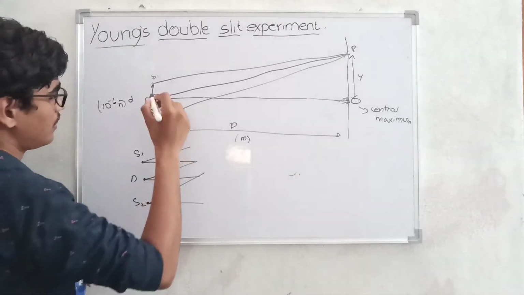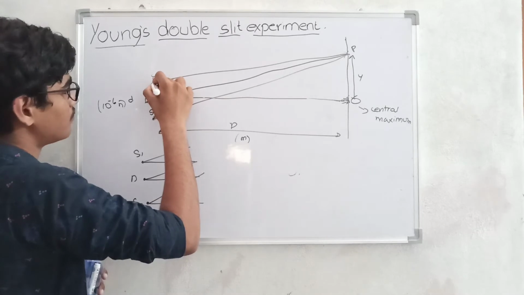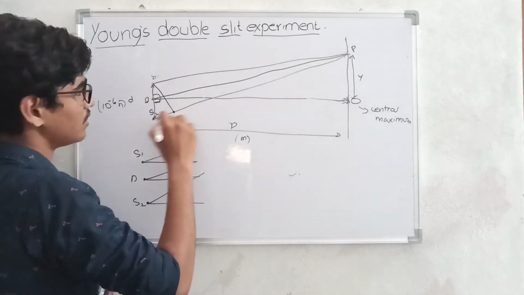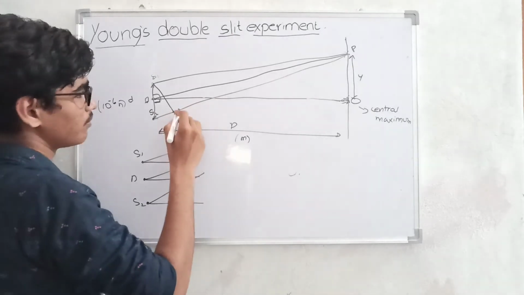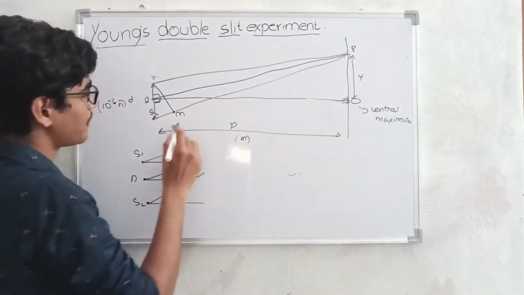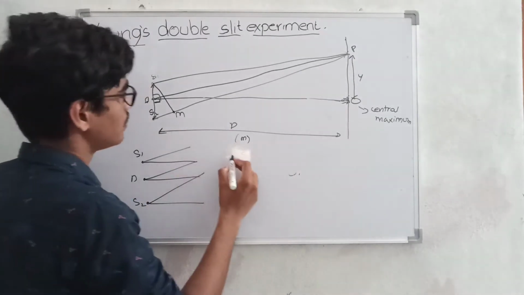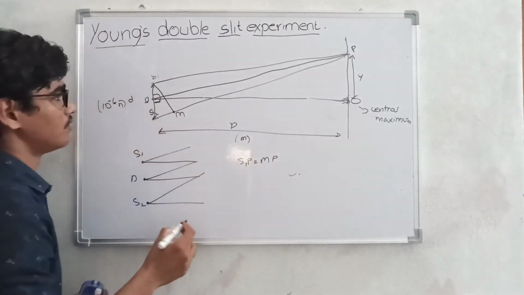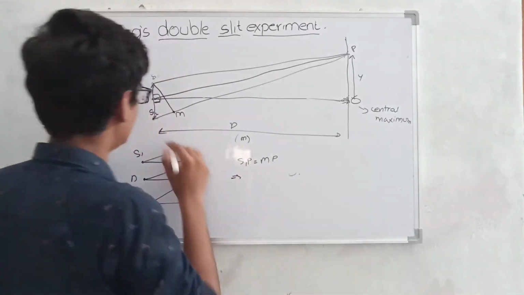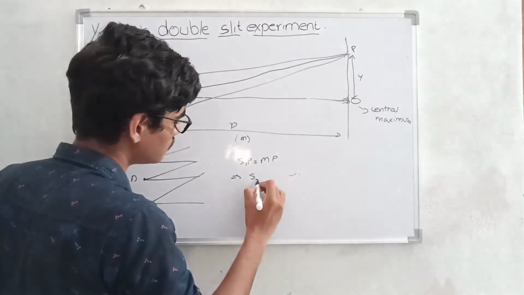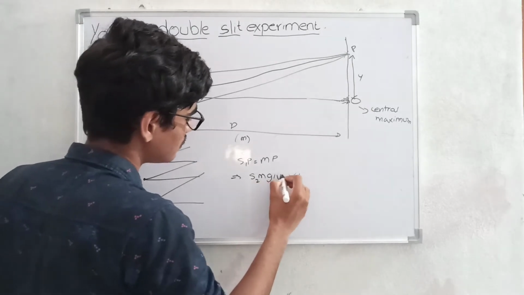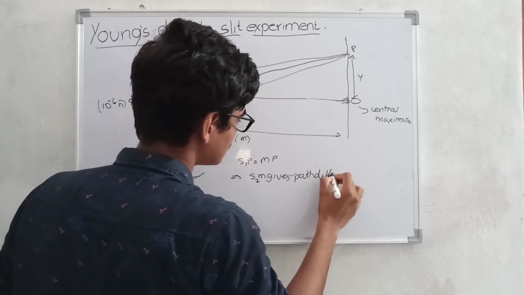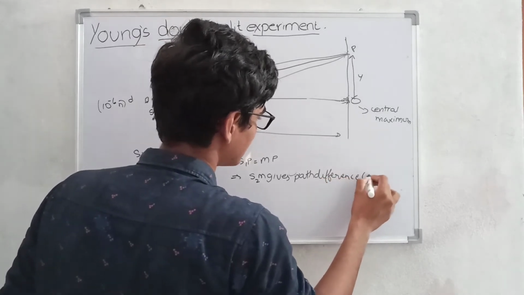If we draw a perpendicular from S1 to S2P, meeting S2P at a point M such that S1P is equal to MP, then the remaining length S2M gives the path difference, delta x.